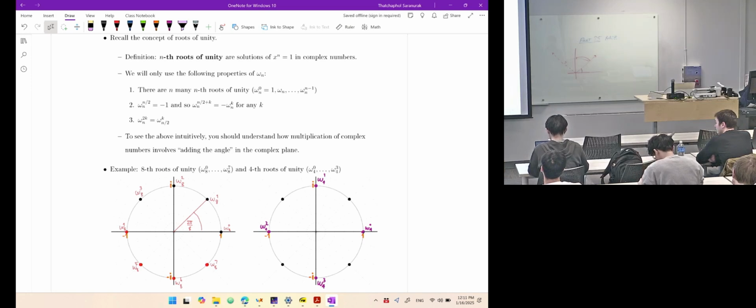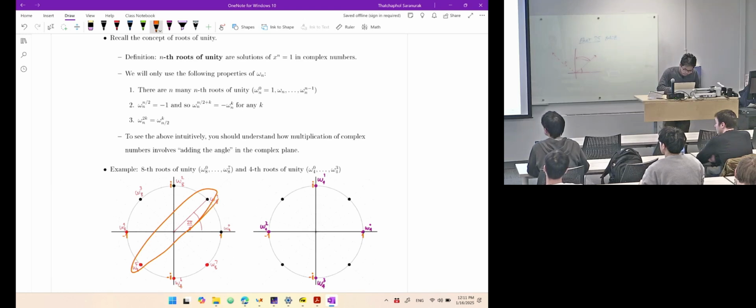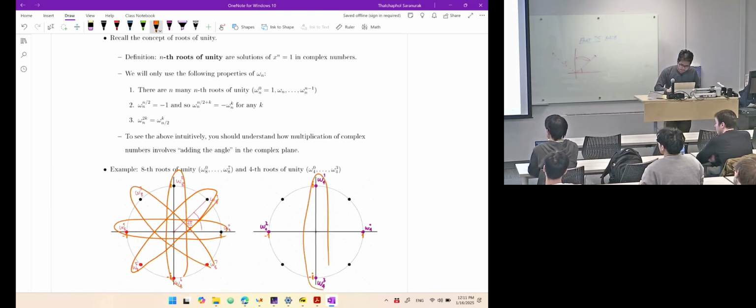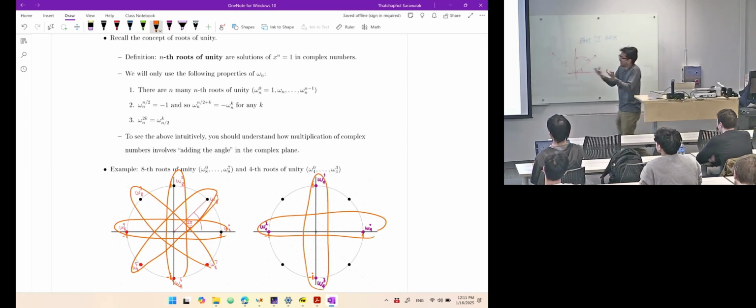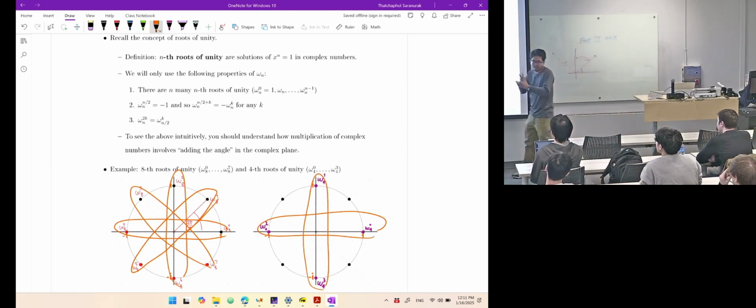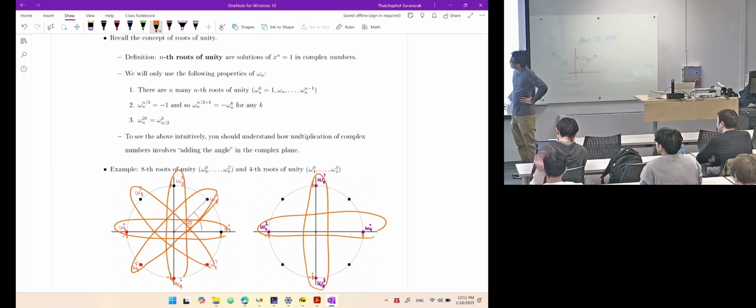And this means that omega n to the n over 2 plus k is exactly -1 times omega n to the k. So you get a kind of negation pair of each other here, and these guys are negation pairs of each other. This looks like what we want: a point set that has negation pairs even after squaring.